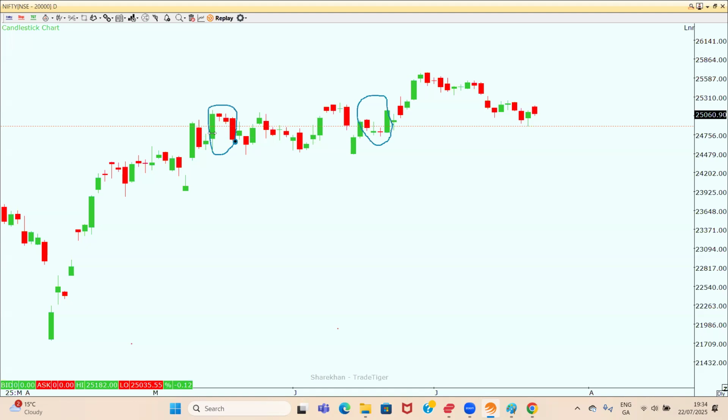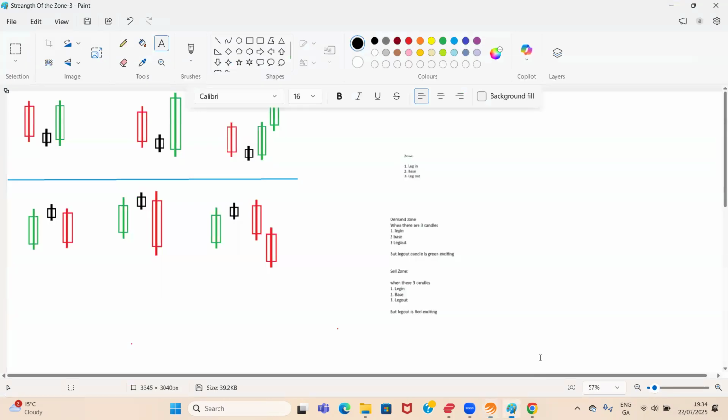Because this is a green exciting candle, but it is a leg in candle. So we don't care about the color of this. We don't care about the color of the base candles. All we care about is the leg out candle. Leg out is a red exciting candle, right? So this is a selling zone. This is what we are looking at right now.